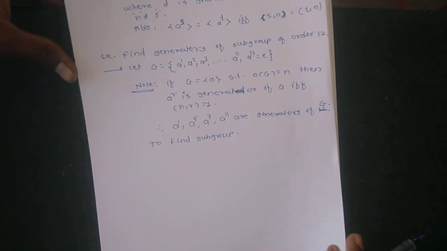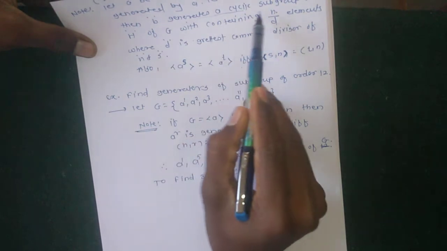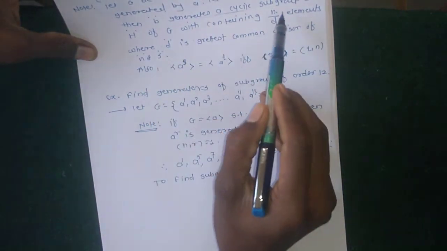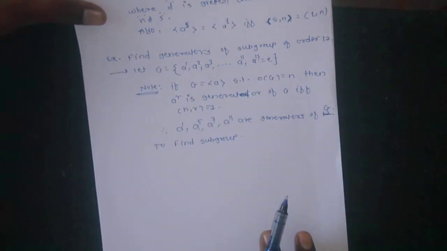An element b generates a cyclic subgroup H containing n by d elements, where d is the greatest common divisor of n and s.